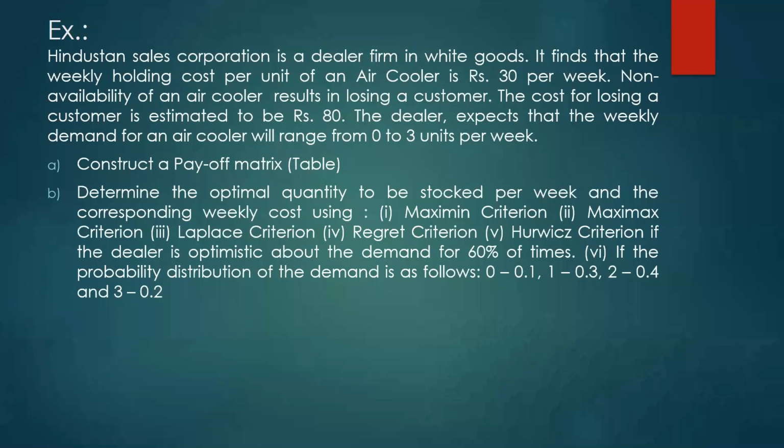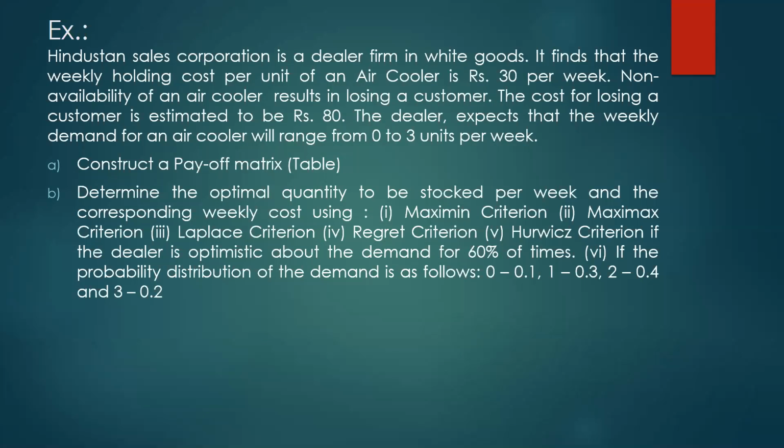And if it is unavailable, I'll be losing a customer, and the cost of losing a customer is given as rupees 80. Now, using these two values, if I have to construct a payoff matrix, immediately you can tell that it is a cost matrix and it is not a profit matrix. I hope this is clear.